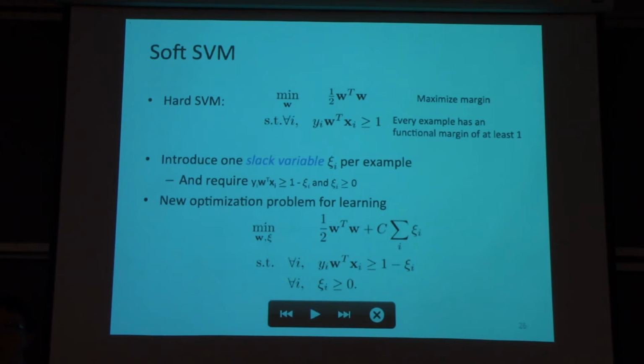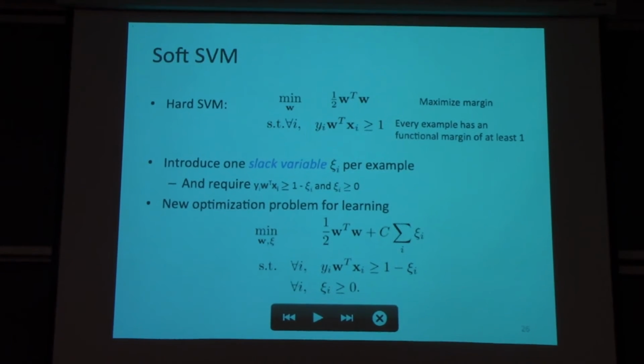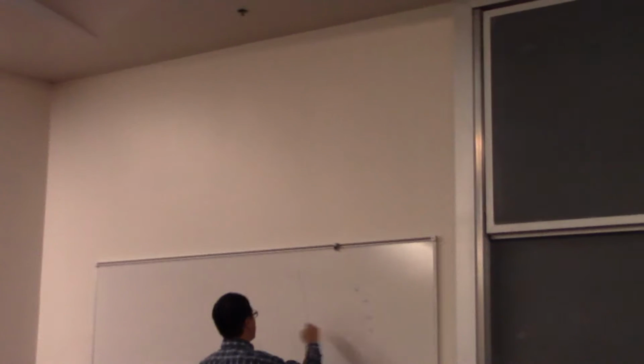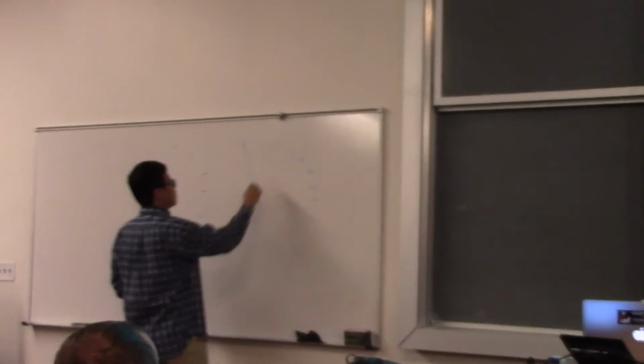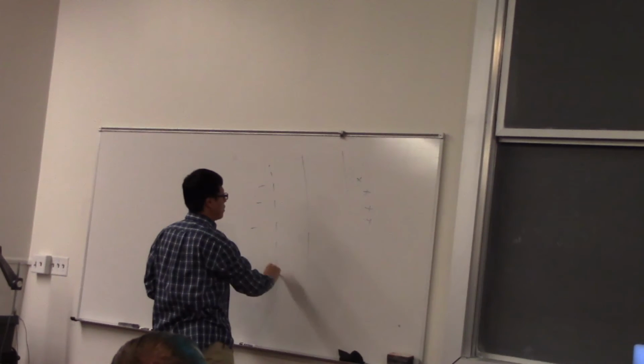So intuitively, the slack variable is how far into the wrong label area you are? Let me draw a picture. So suppose this is my hyperplane. You have a bunch of positive data, negative data. Let's say this is the margin.